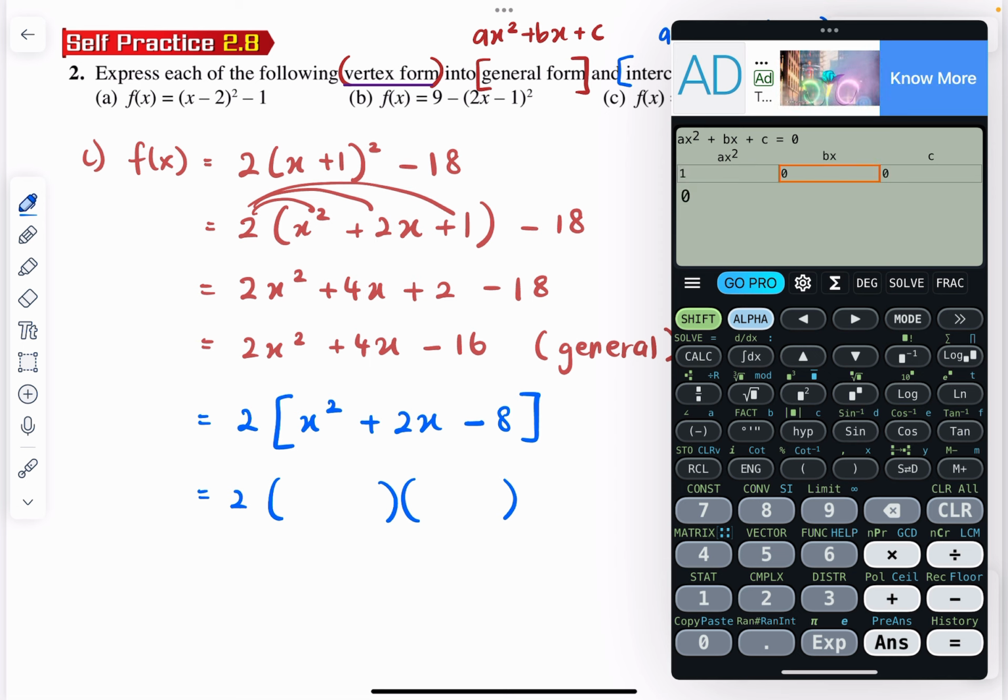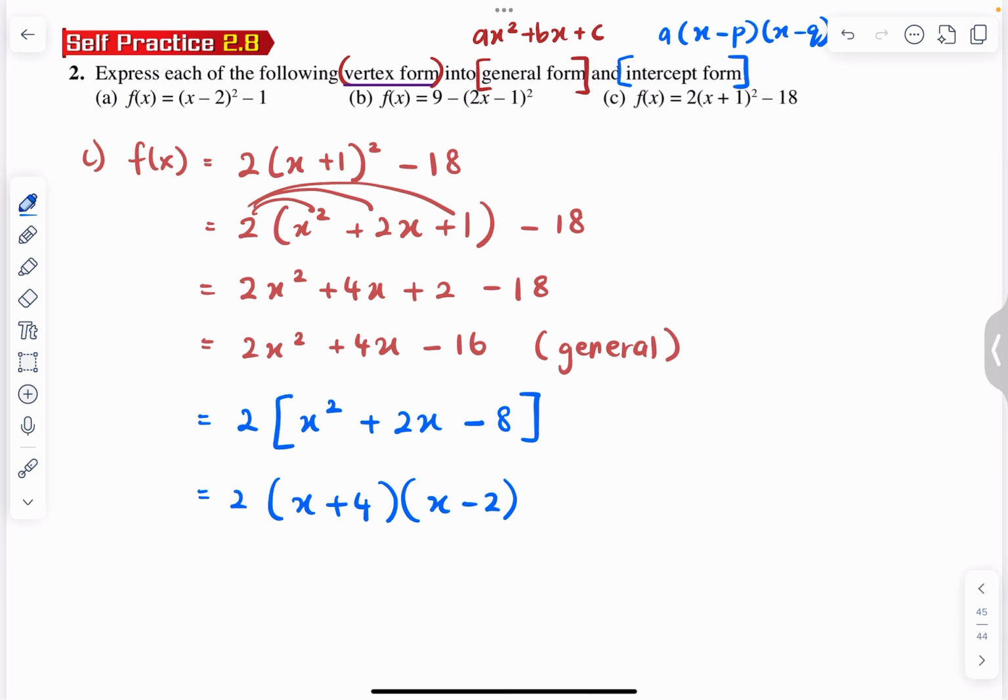A is 1, B is 2, C is negative 8. So x is 2 and negative 4, therefore (x + 4)(x − 2). This will be our intercept form. That's it.